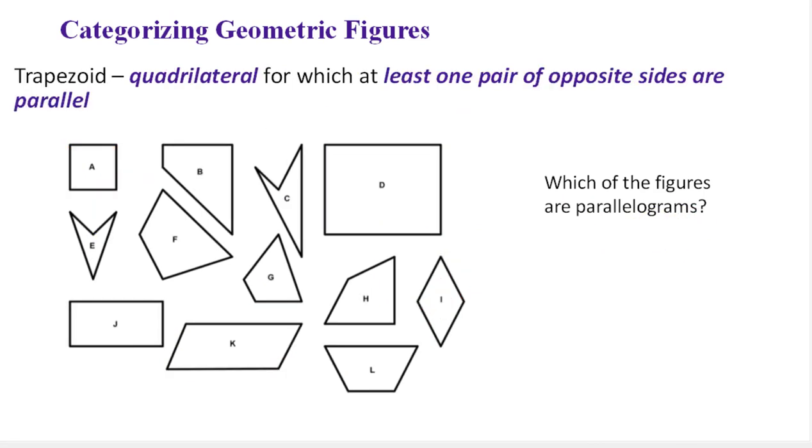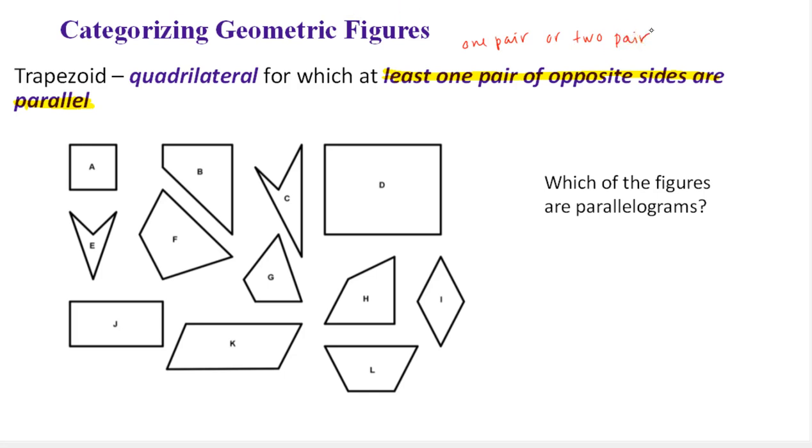Okay. And our last category is going to be a trapezoid. A quadrilateral for which at least one pair of opposite sides are parallel. So at least one means one pair exactly, or two pairs of opposite sides are parallel.